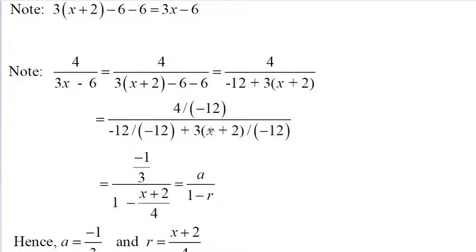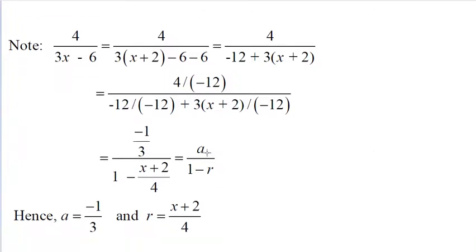So this part right here becomes x plus 2 over 4. Now our quotient is in the form of a divided by 1 minus r. A will be negative 1/3, and then r will be x plus 2 over 4.